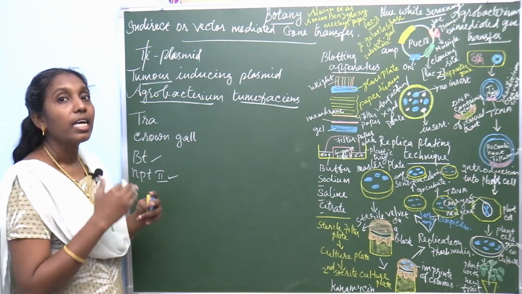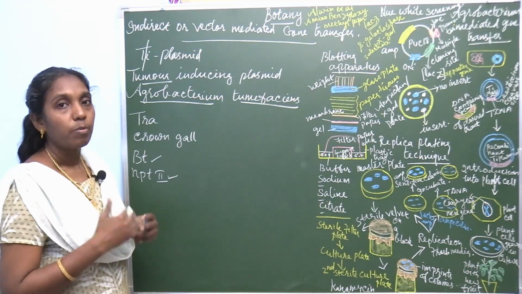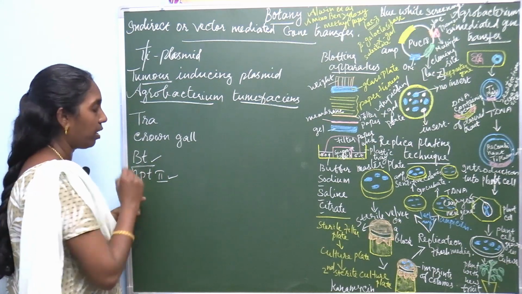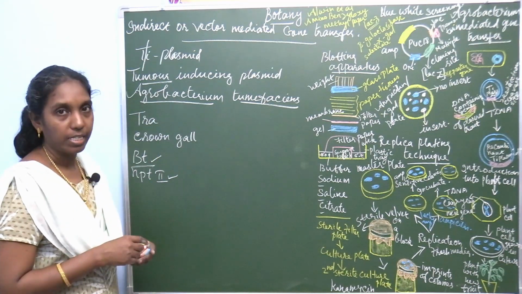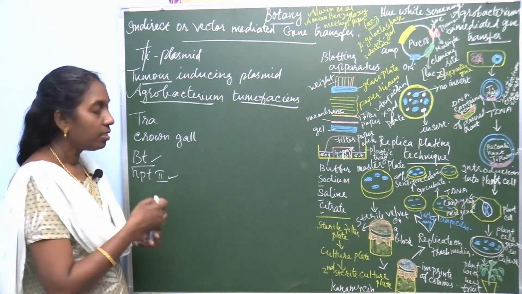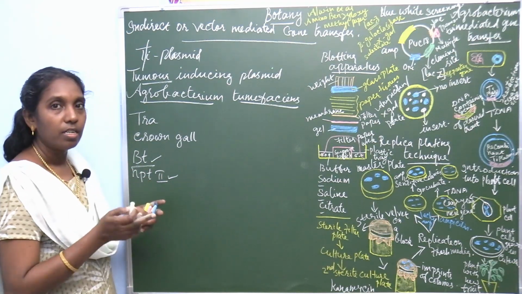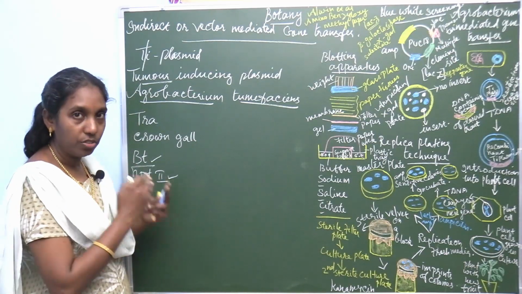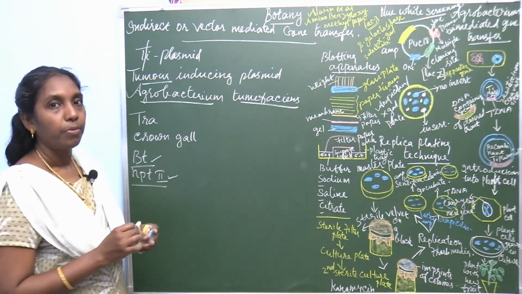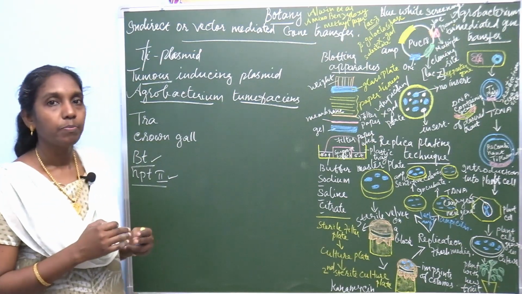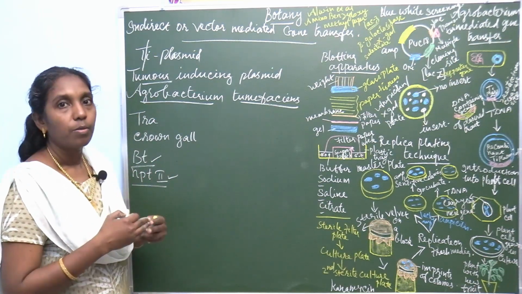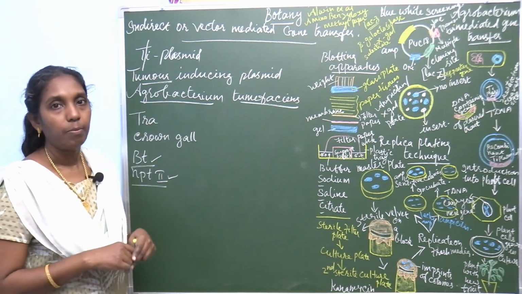Here Bt is insect resistant. To resist some of the insects which affect plants, this gene is modified or cloned with the help of the Ti plasmid. The unwanted part of the Ti plasmid can be removed and the Bt insect resistant gene inserted, and it is cloned. Likewise, NPT2 is the antibiotic resistance gene, and it is also cloned by this Ti plasmid.